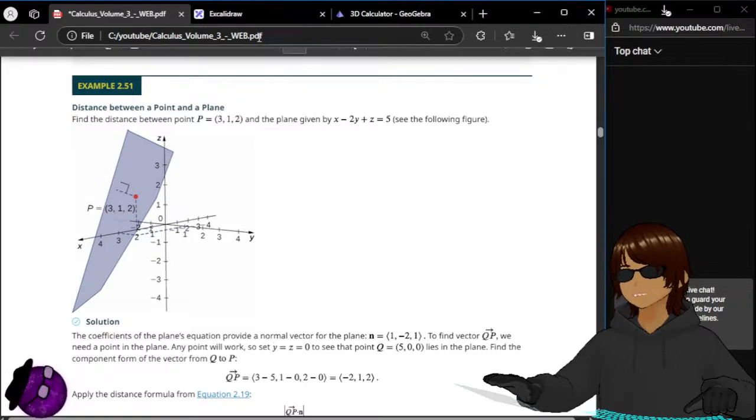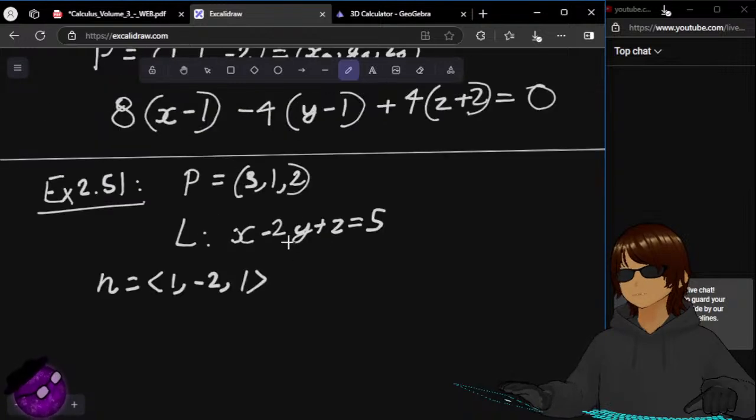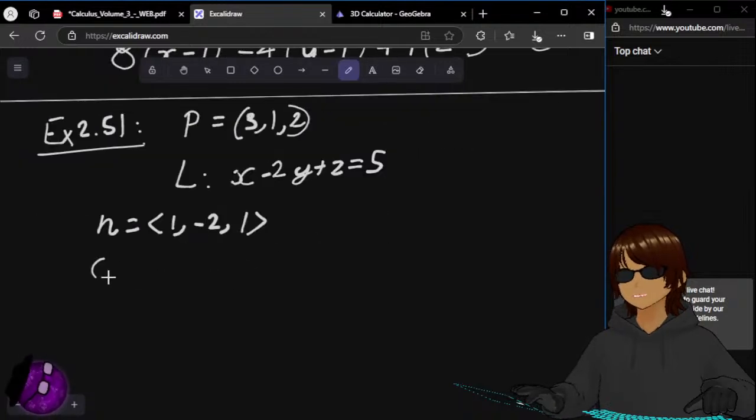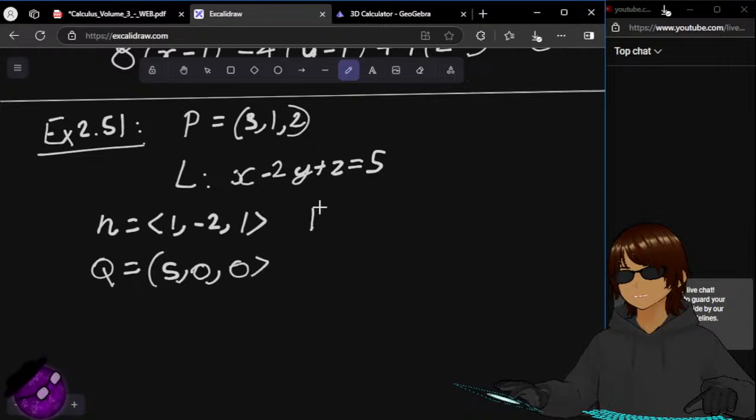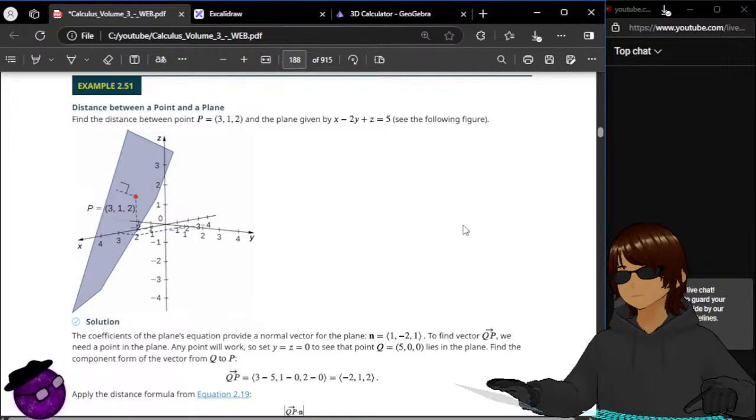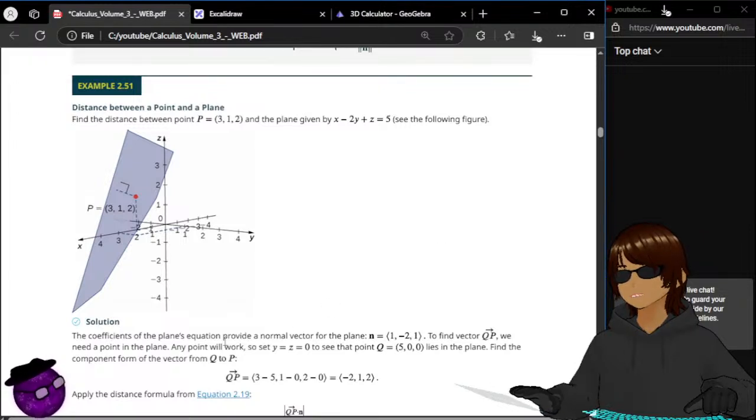Any point would work. Okay, so they said y. So they're using Q as 5, 0, 0. So then PQ is 5 minus 3 is 2, 0 minus 1. They did QP instead.